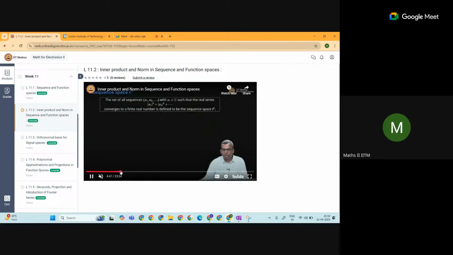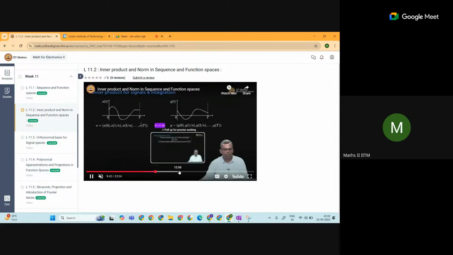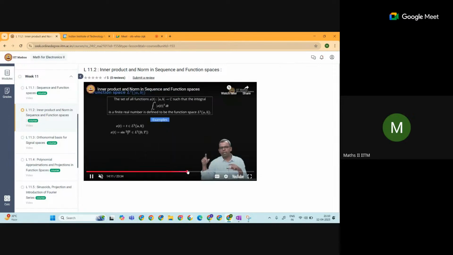And what is a function space? See, L2 here is a sequence space. If you take the modulus of it, square them and sum them, and this sum is convergent, then this sequence is going to be a vector of the sequence space. Sequence spaces are not that important.